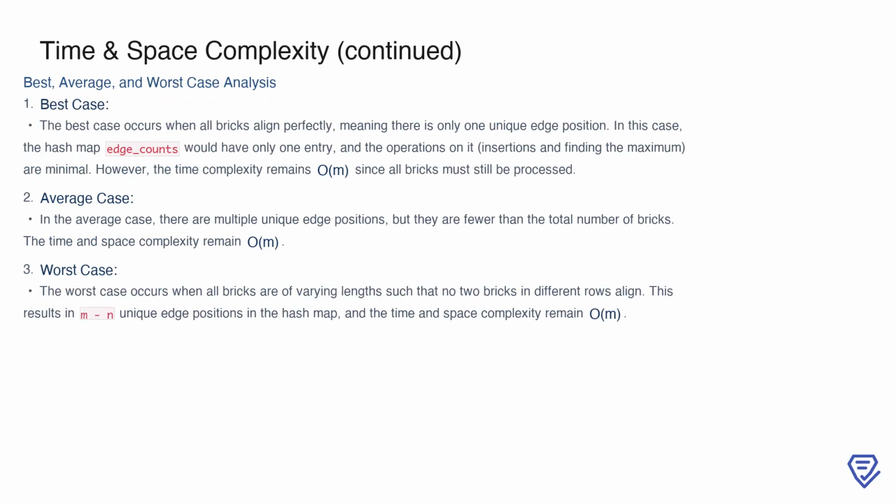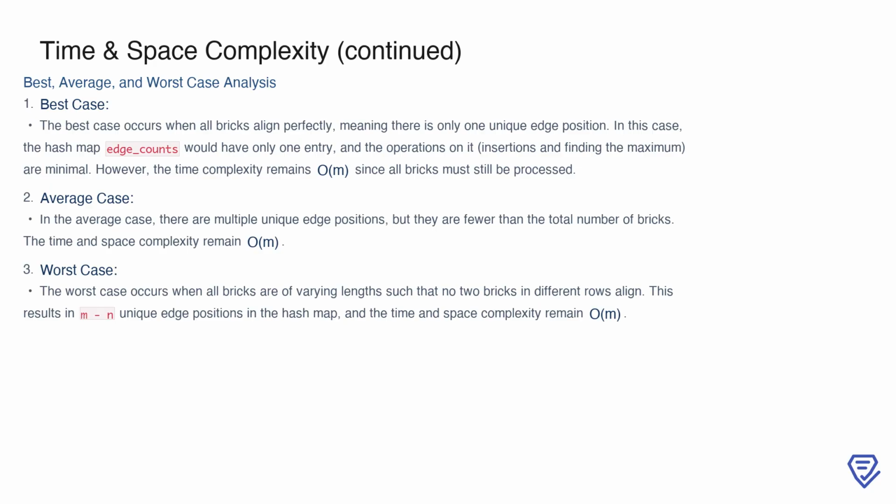To better understand the behavior of the algorithm, we can analyze it across the best, average, and worst cases. In the best case, all bricks align perfectly, resulting in only one unique edge position. The hash map edge_counts would then contain just one entry, and operations like insertion and finding the maximum are minimal. However, the time complexity remains O(m), since all bricks still need to be processed.